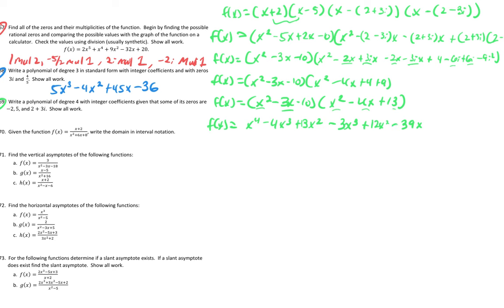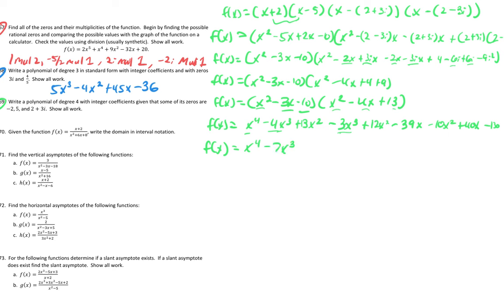Okay. And now last, this minus 10. So minus 10x squared plus 40x minus 130. Now we can start combining everything. So we'll get f of x is equal to x to the 4th. Start with minus 4, minus 3, so we're at negative 7.